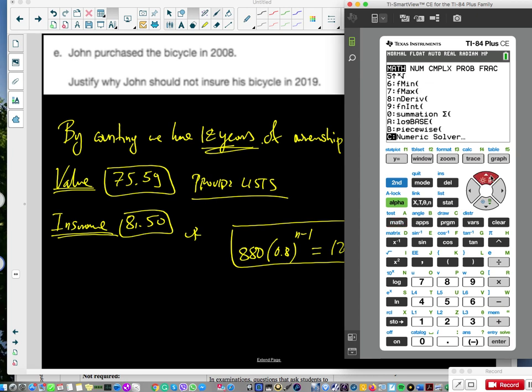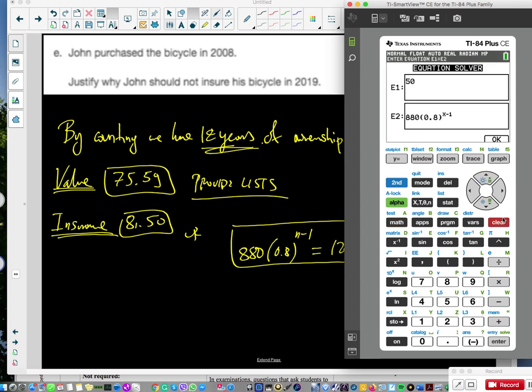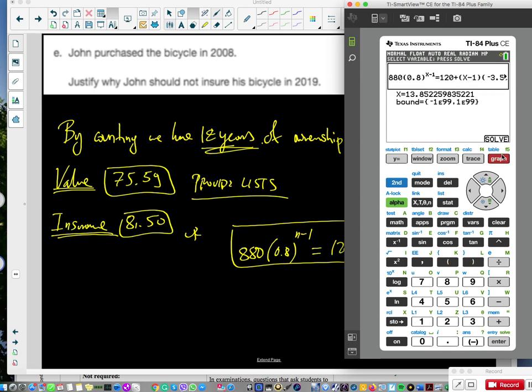So math, numeric solver: 880 times 0.8 to the power of n minus 1, equals 120 plus n minus 1 times negative 3.5, and you just solve, and you find 11.58.